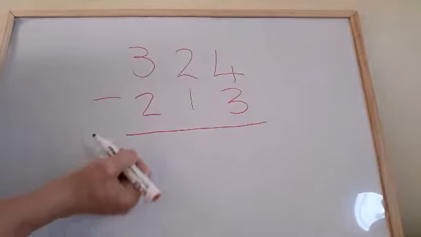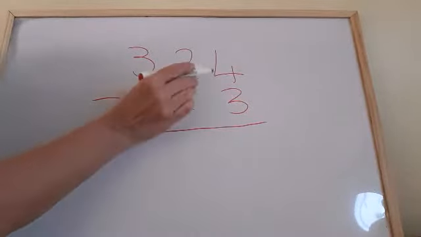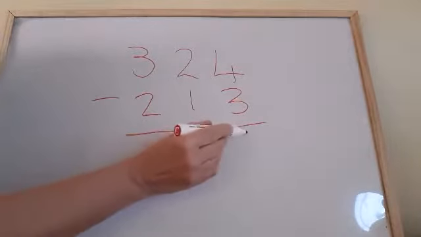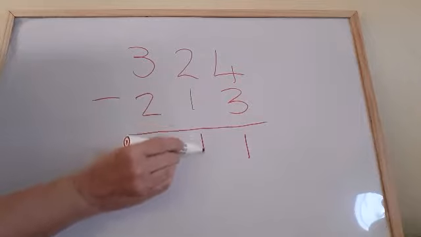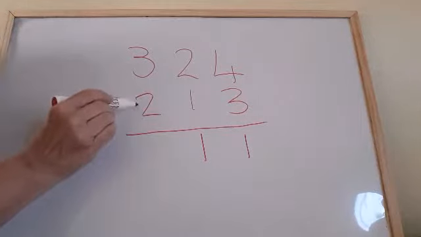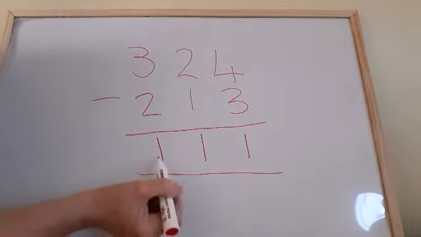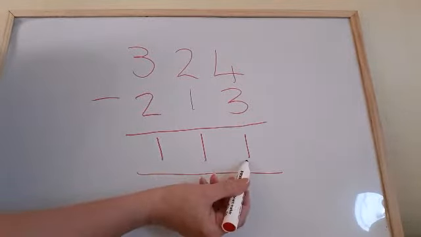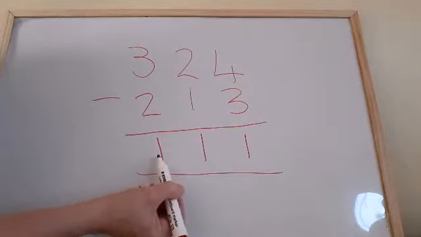We'll do this one and then we'll look at what we do when we've got a more tricky sum. 4 take away 3 is 1. 2 take away 1 is 1. 3 take away 2 is 1. Our total is 111. There's 1 in the units, 1 in the tens and 1 in the hundreds.